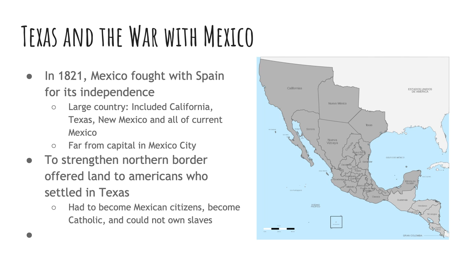So they fought against them, they won their independence, and now Mexico became this huge country. And it included the land of California, Texas, New Mexico, and then what currently is Mexico today.